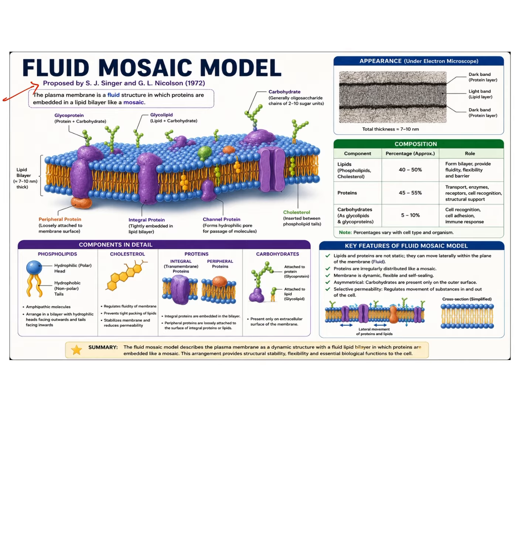Now, our body contains nearly 37 trillion cells. But the real mystery is, how does each cell decide what enters and what leaves the cell?